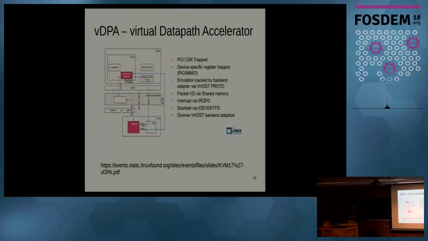Now, this picture here, which is probably not easy to read, shows how it looks without an accelerator device. Intel is now working on a framework to make it easier to use a Virtio accelerator device.